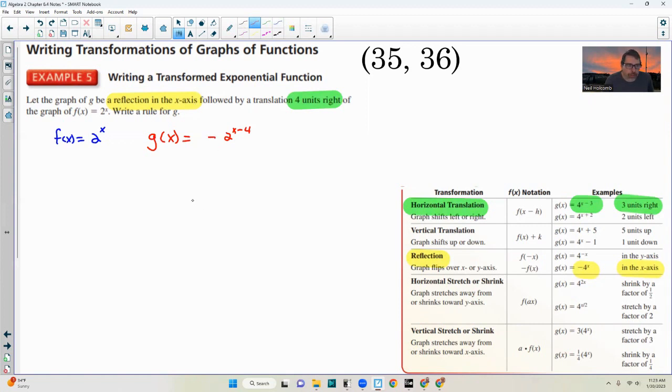So there it is: g of x equals negative 2 to the power of x minus 4. Okay, so there's example 5. So now you should be able to do problem numbers 35 and 36 in the exercises.